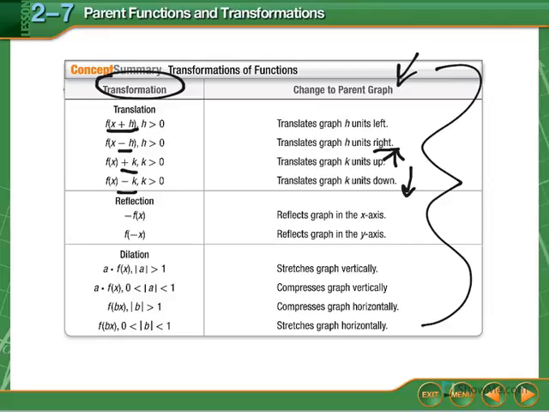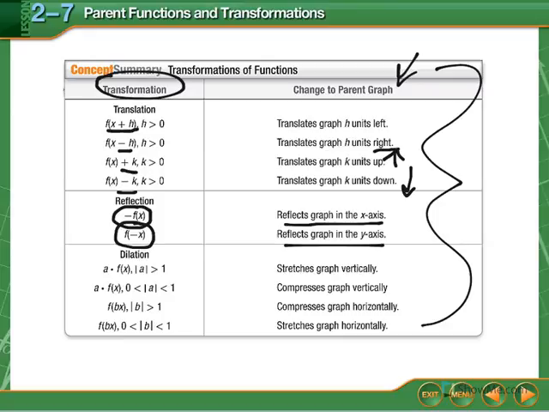Okay, now reflections. If you have your function being multiplied by a negative, it reflects the graph over the x-axis. But if it's on the inside with your x, it reflects it over the y-axis.